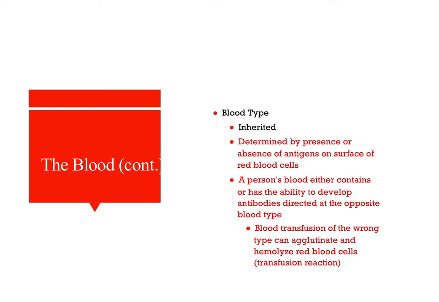Because if the wrong blood type is given, it can cause the blood to agglutinate, which is clumped together inside the body, or hemolyze, which can cause the cells to basically destroy each other, and these are transfusion reactions that can be fatal.